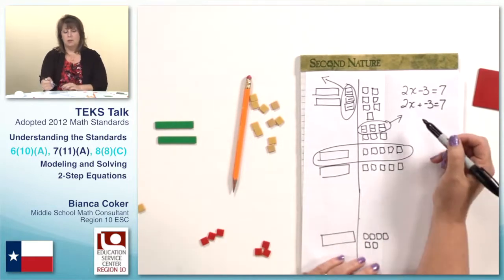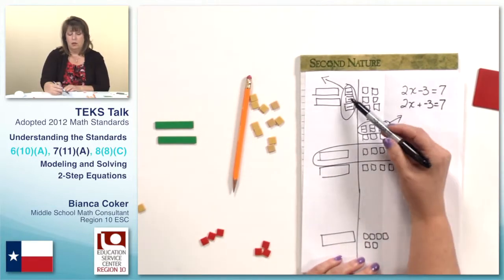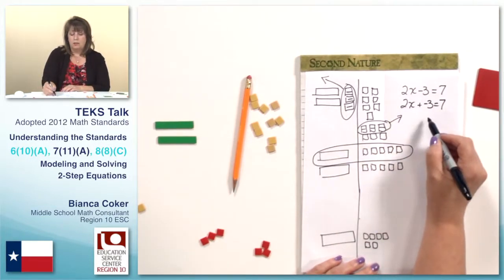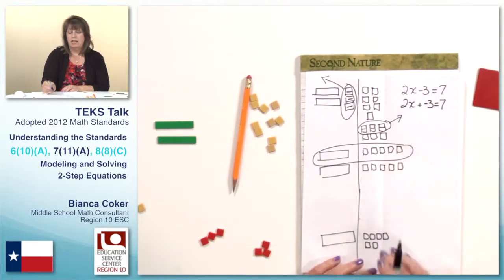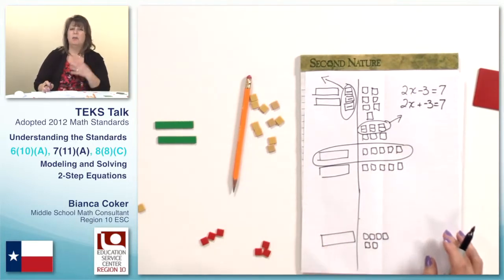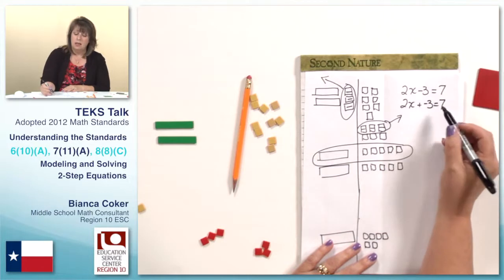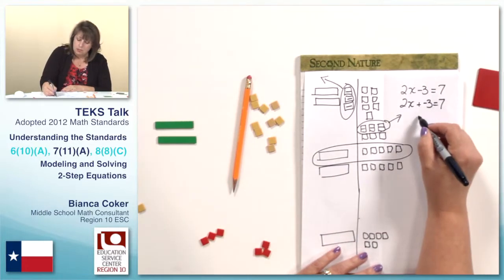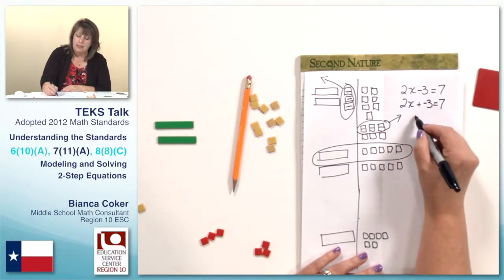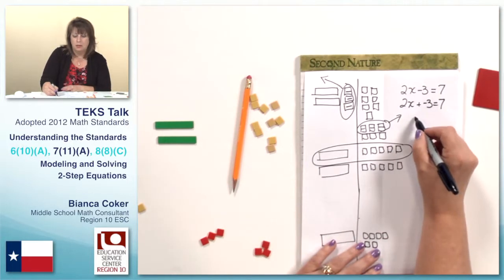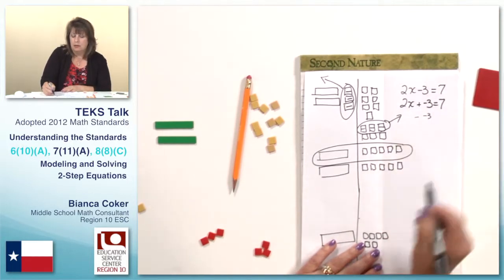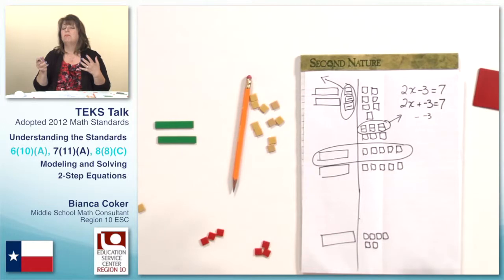Now let's connect that symbolically to what we did. When we wanted to subtract 3 from this side, take away those negative 3's, how did we do that? By understanding zero pairs. So if I wanted to subtract 3 from here, so this is going to be a trick, minus a negative 3. Really, what was I doing?